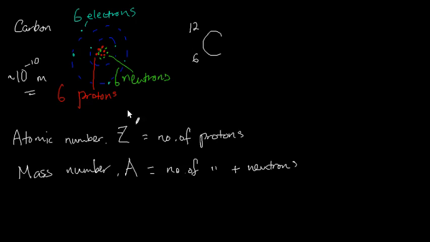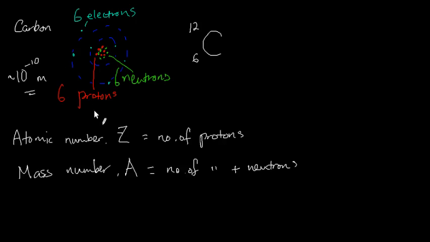Apart from that, other information that we would often have to use would be, say, the masses of these particles, of these protons and neutrons.